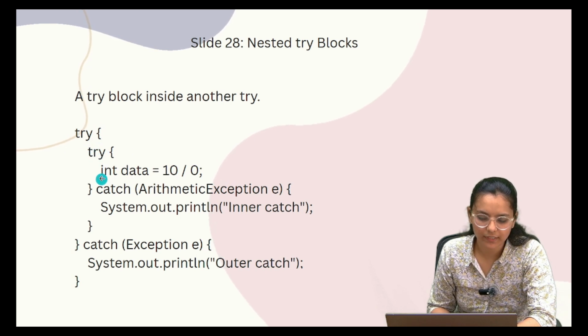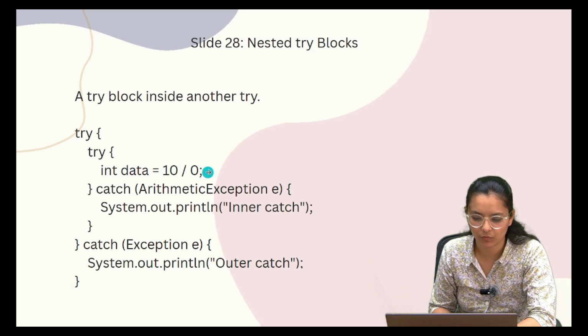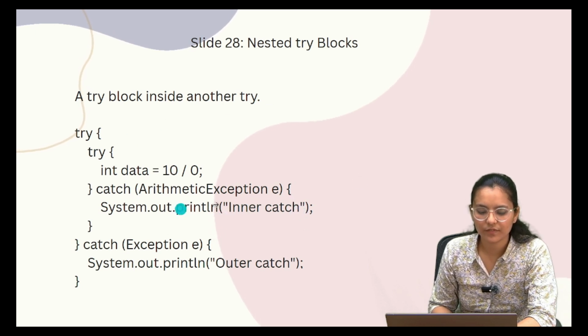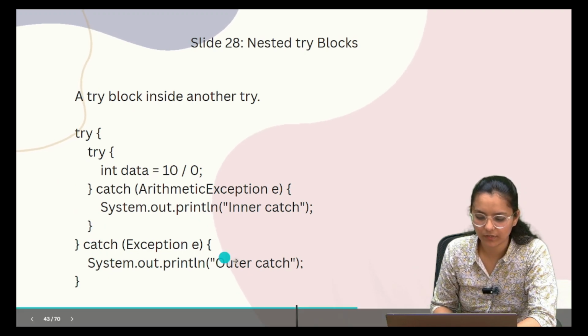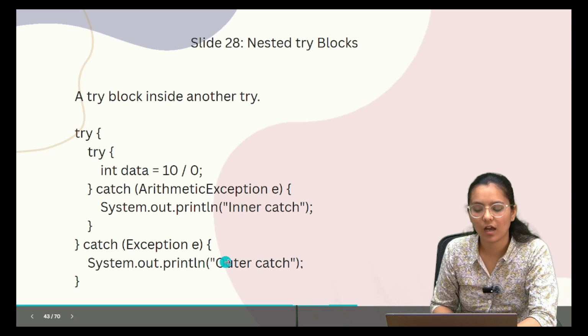The inner try block has code like int data = 10 / 0, which throws an ArithmeticException. At that time it will print "inner catch" in the output. If the exception is not handled there, it will go to the outer catch, and it will print "outer catch".